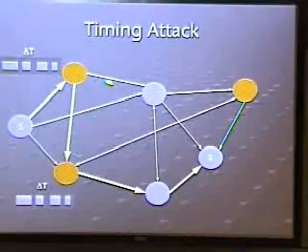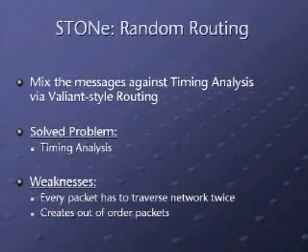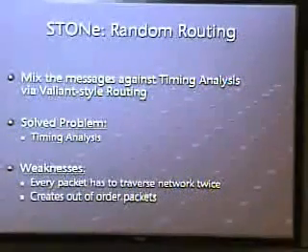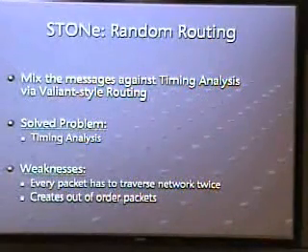Then these two nodes can conclude that they are on the same path. Basically, we use random routing to protect against this timing analysis. And random routing is the Valiant style routing from workstation clusters. So I'm going to explain on the next slide how exactly it works.